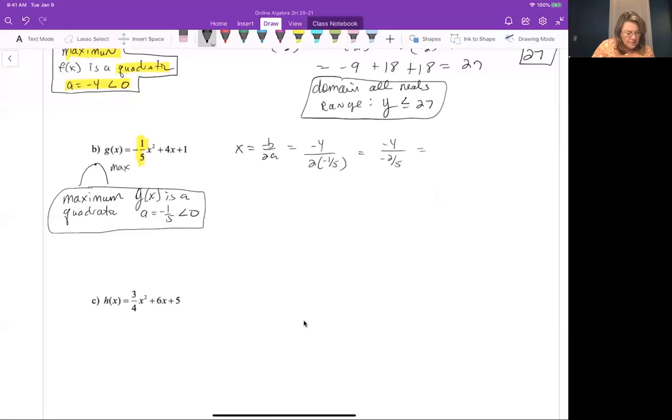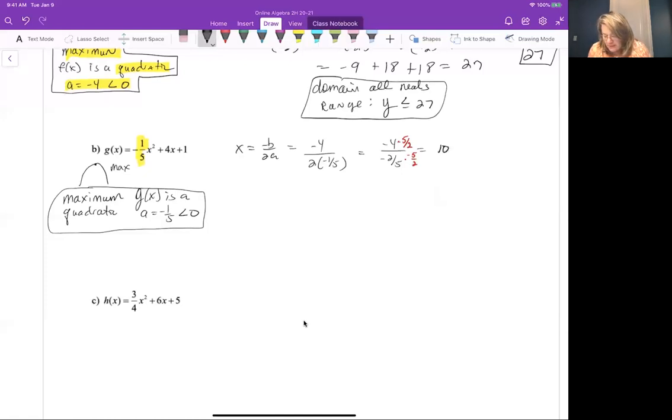I can multiply times the reciprocal, right? Multiply each of the items times the reciprocal, which is 5 over 2. Multiply this, 5 over 2. I'm going to actually make it negative 5 over 2. And I will get my answer to be a positive 10. That's one way to do it.